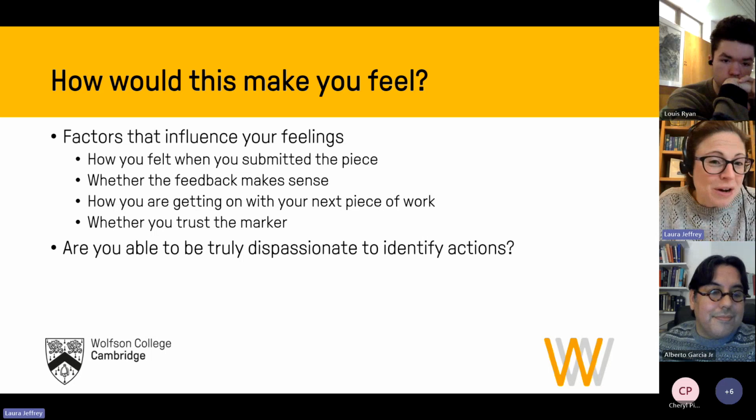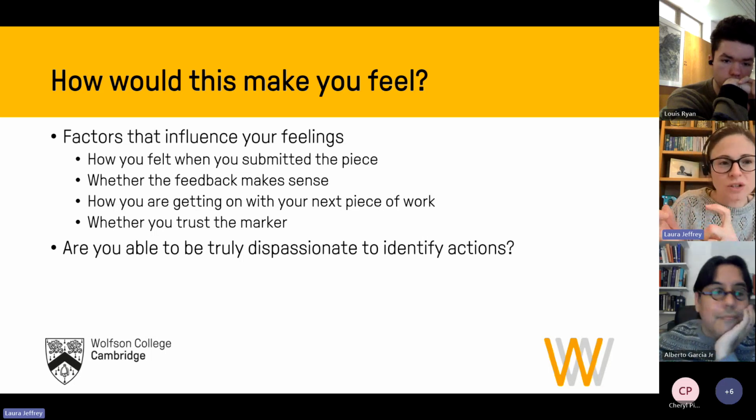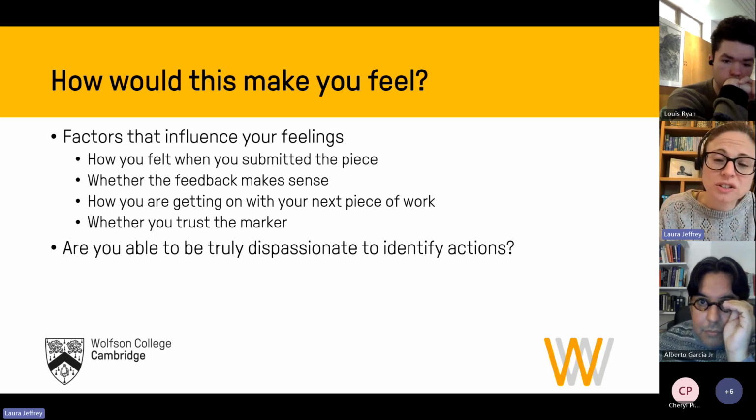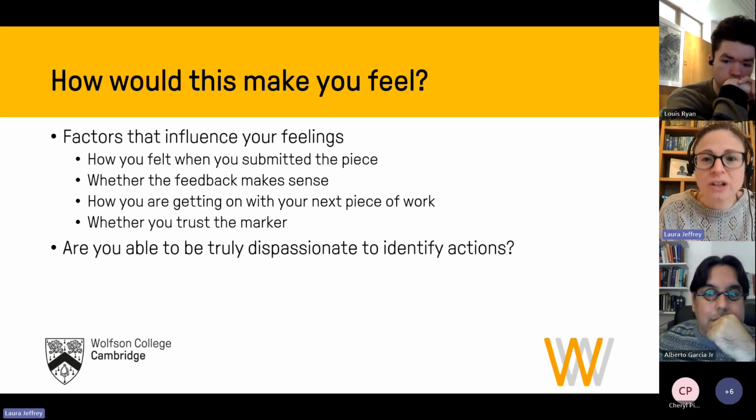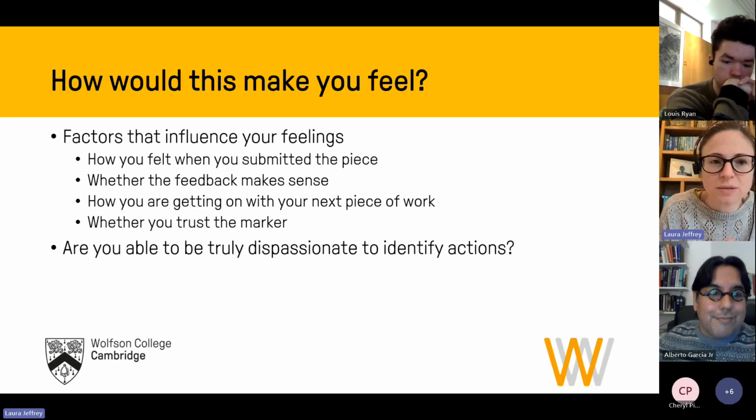It also depends on whether or not you trust the marker. I've definitely had those experiences with students coming into my office saying, oh, I've got this really strict marker, they always pull out the bad things, or this person doesn't really understand what I'm doing. And that's going to affect the way that you interact with the feedback. If it's somebody you really trust and value their opinion, you might take it all as, oh, this is really helpful, thank you, this is going to move my learning forward.